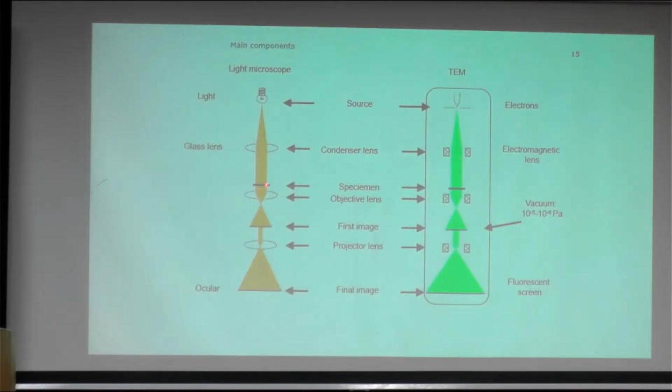You need an objective lens, several other lenses, first the image formed here and a projector lens, and then for the final image you need a fluorescence screen, and maybe some CCD cameras or TV cameras to observe and record your image. In the case of TEM, you need a vacuum on the average of 10 to the minus 5, 10 to the minus 6 Pascal. So it's a very high vacuum system.